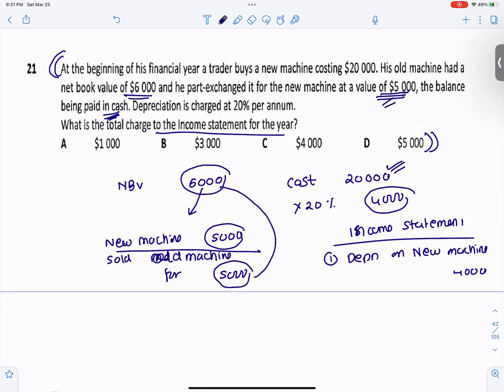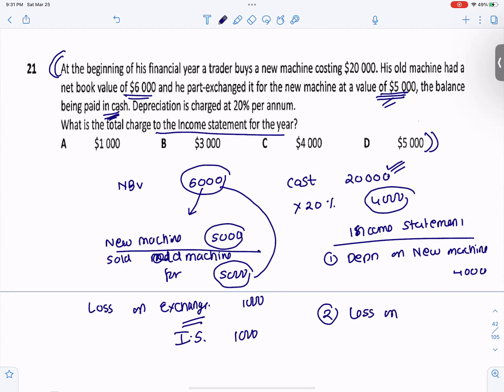That means he has made a loss on exchange. Loss on exchange of how much? 1,000. Loss will be debited to the income statement. So the second thing that will go to the income statement will be loss on exchange of machine.